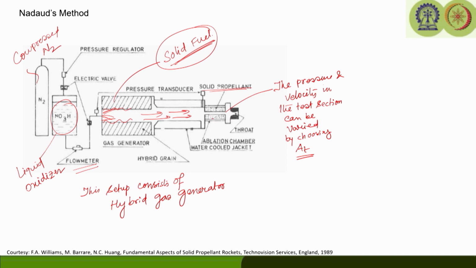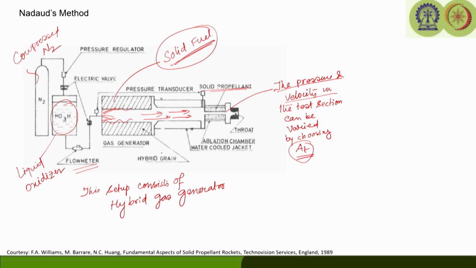That can give us the data of burning rate at different conditions, which are set by the pressure and velocity variations by changing the suitable throat area, and through which at different conditions we can find out the burn rate.